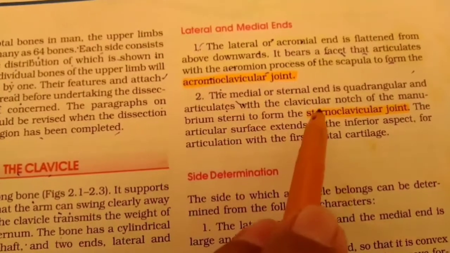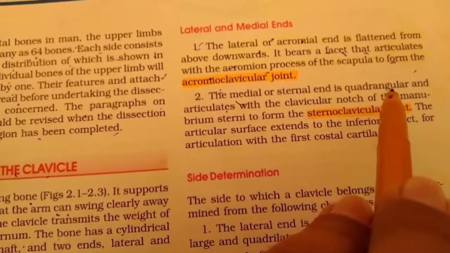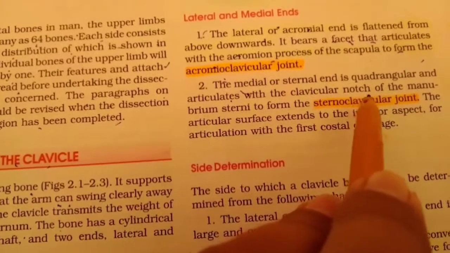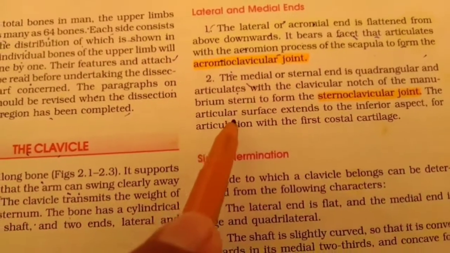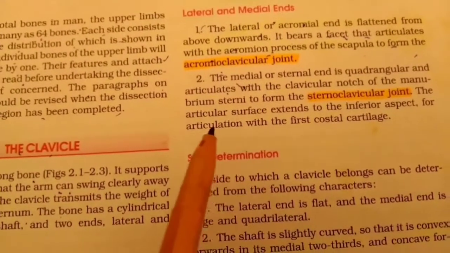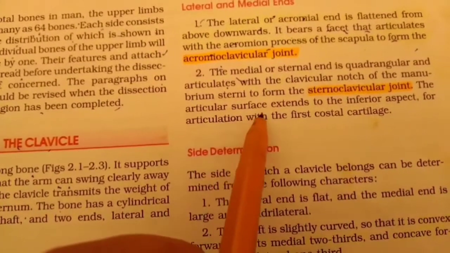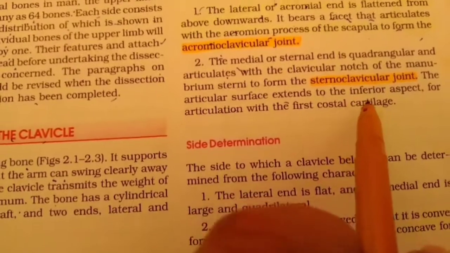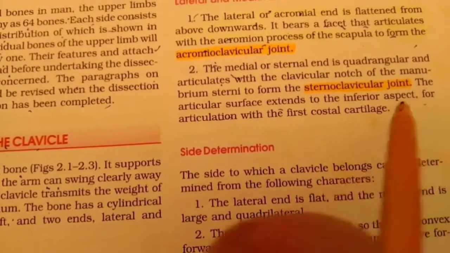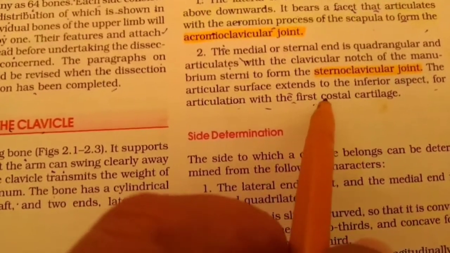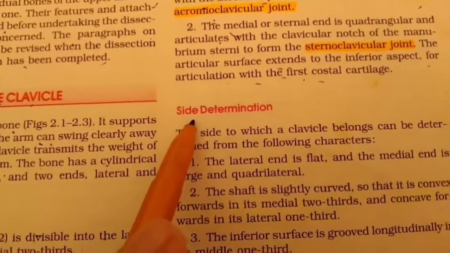The medial or sternal end is quadrangular and articulates with the clavicular notch of the manubrium sterni to form the sternoclavicular joint. This articular surface extends to the inferior aspect for articulation with the first costal cartilage.